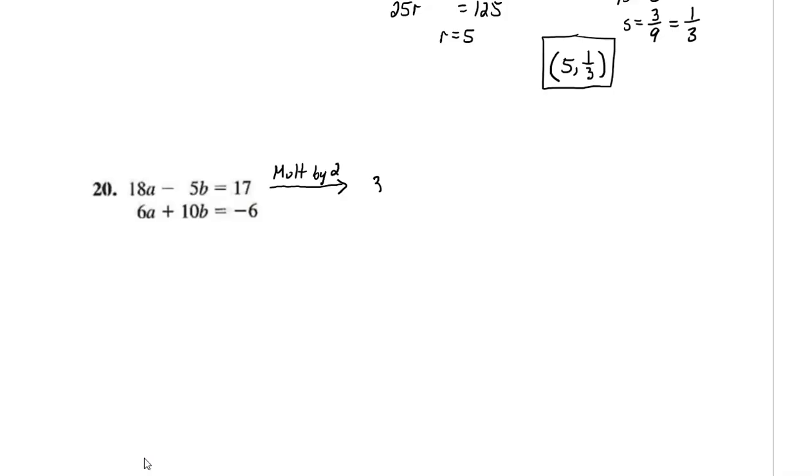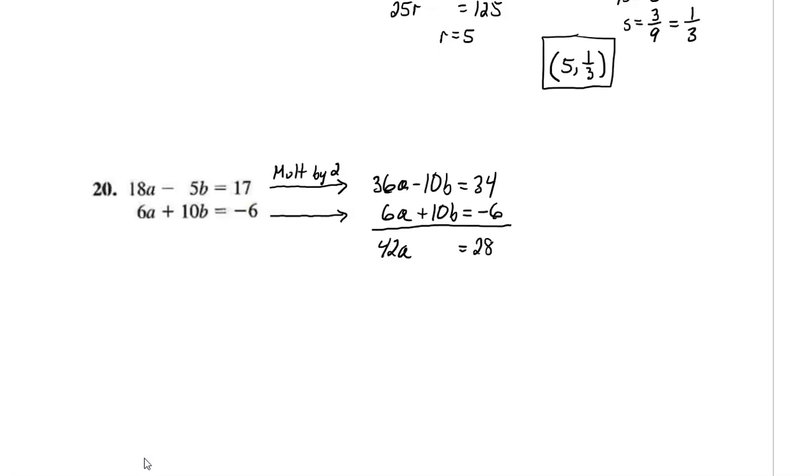And it will turn into 36a minus 10b is equal to 34. And keep the second equation the same. Now add together. 42a is equal to 28.